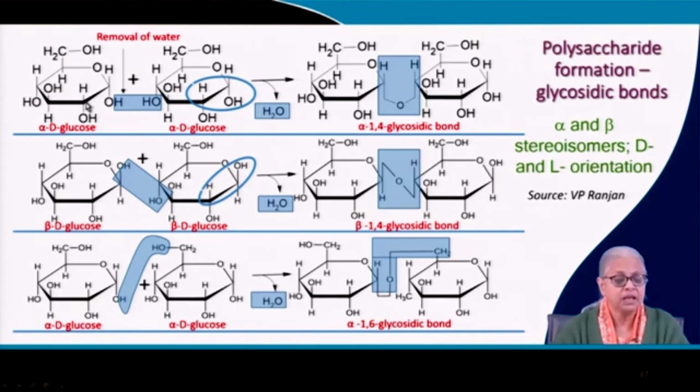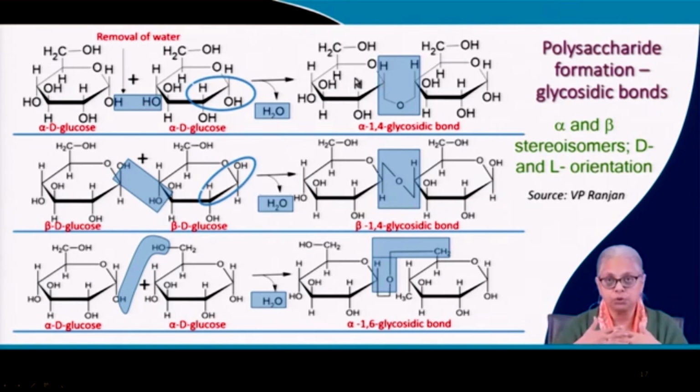So you can see at the C1 position, you have a hydroxyl group which is bonding with the carbon on the adjacent glucose molecule at the C4 position. So here the hydrogen from the C1 position and the OH from the C4 position on the adjacent glucose are going to be lost in this synthesis reaction.